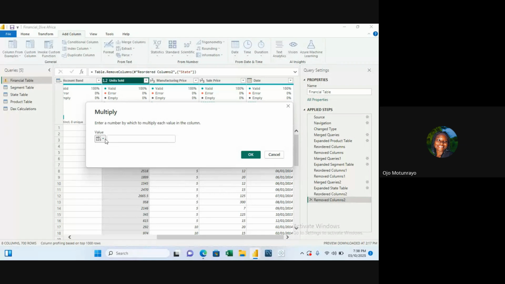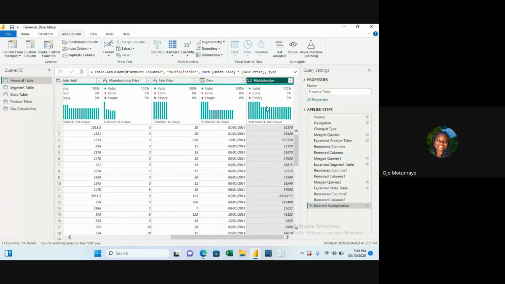After going to multiply, I click on this drop down, use values in a column. What value are we using? What are we multiplying units sold with? We are multiplying units sold with sales price. So click on this drop down here and click on sales price. When we click on sales price, click OK.